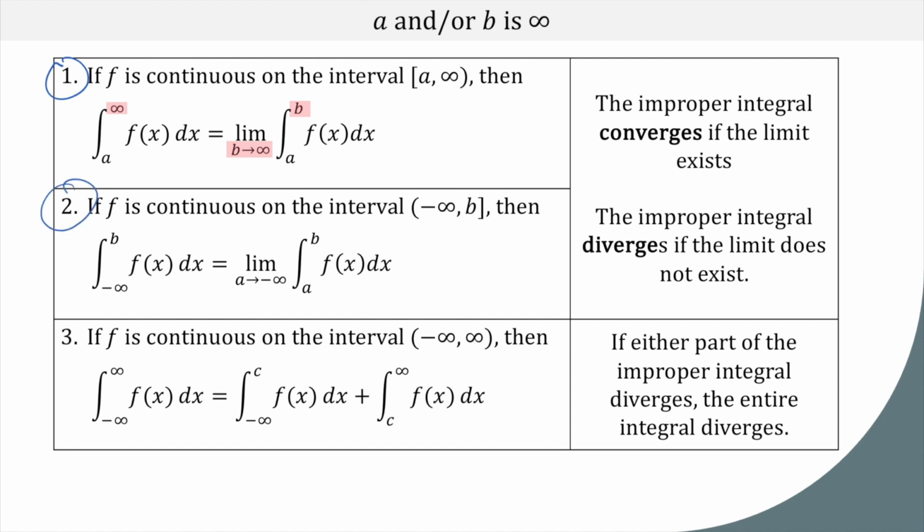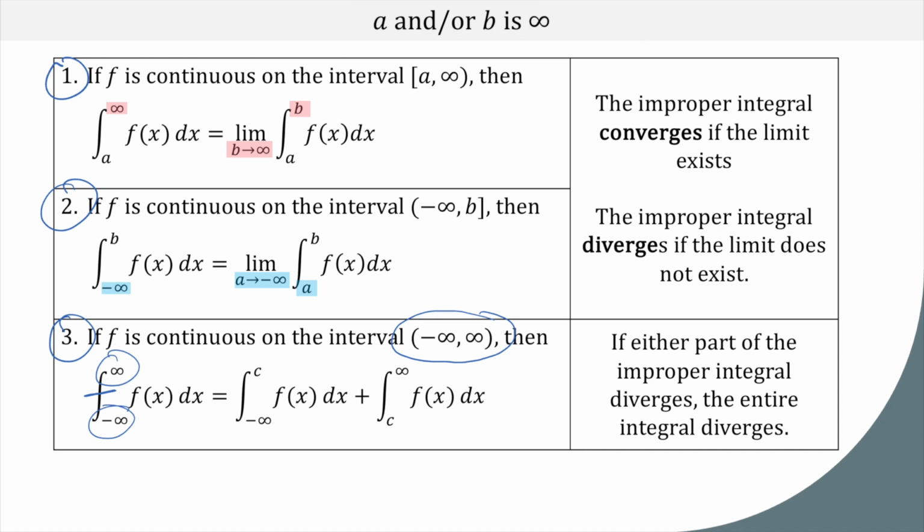Number two is similar. If we're going from negative infinity to b, well, negative infinity is not a number, so we have to rename it. We'll rename it a and then take the limit as a approaches negative infinity. Now, scenario three is if f is continuous from negative infinity to infinity, then what do we do? Well, we're going to have to break it up because you can only have one part of the integral that's improper, and right now we have two.